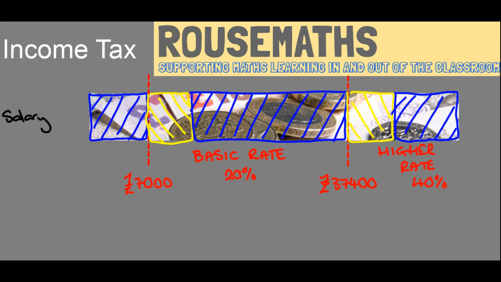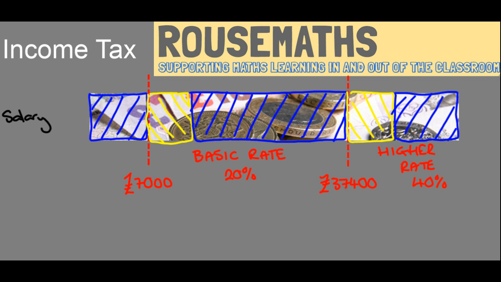For anyone earning above 150,000, they do end up paying 50% tax in some cases, but that may apply to some of you. Good luck to you. But for most of us, this is about as far as we're going to get, up into the high rate of tax at 40%.